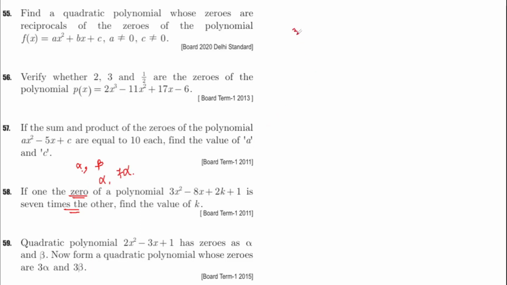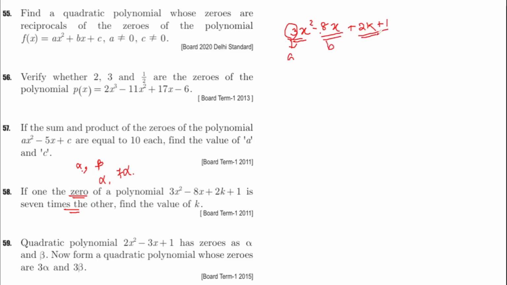The question is given: 3x square minus 8x plus 2k plus 1. Now as you can see, this is your quadratic term and this 3 will be your a. Yes or no? This is your linear term, hence this minus 8 will be your b.